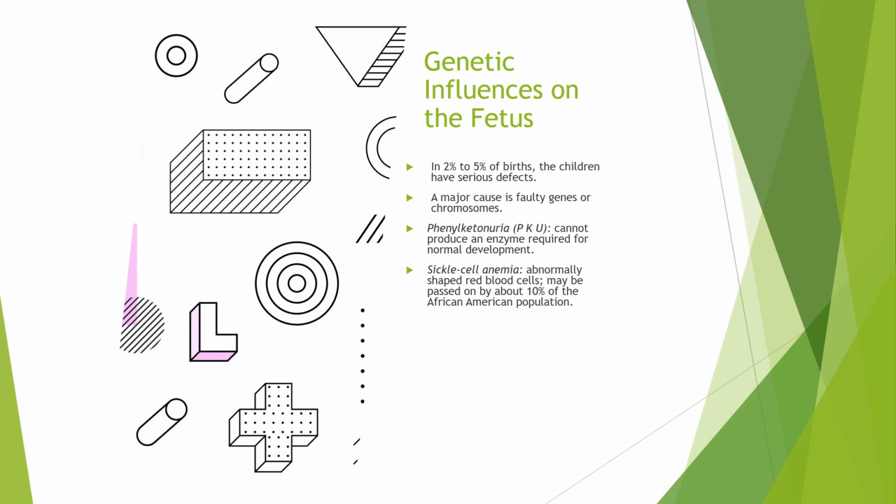Another type of hereditary disability is Tay-Sachs disease. Individuals born with Tay-Sachs disease usually die by age 3 or 4, because their body cannot break down fat. This is most often seen in the Jewish population of Eastern European ancestry.